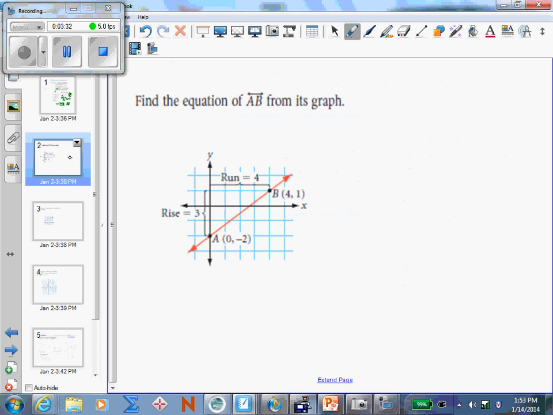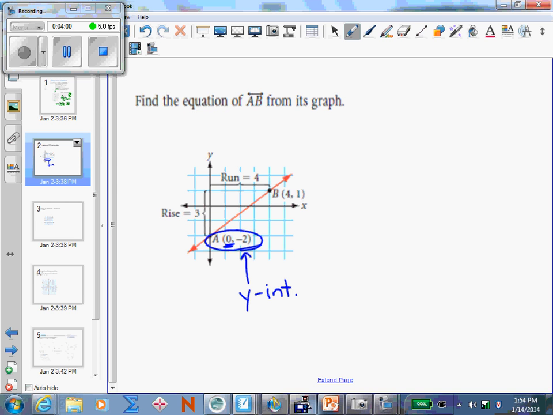Okay, so now we're going to try to write some equations. Find the equation of line AB from the graph. The first thing I want you to notice is that point A, because the x value is 0, the y-coordinate of negative 2 will be the y-intercept. So you're not going to have to solve for the y-intercept. It's given to you by that coordinate point.